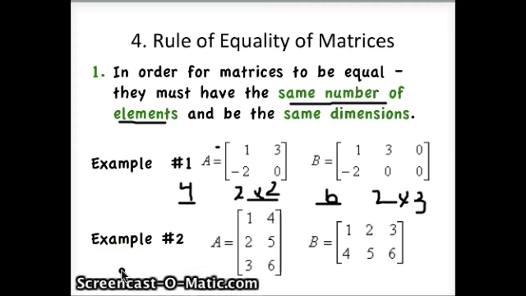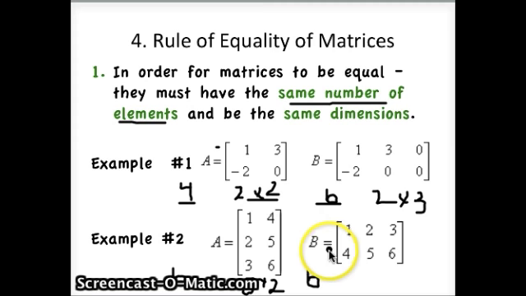In example number 2, our matrix A has 1, 2, 3, 4, 5, 6 entries, and it has 3 rows and 2 columns, so it's a 3 by 2 matrix. And B has 6 entries as well. So this looks promising because they match in the number of entries.